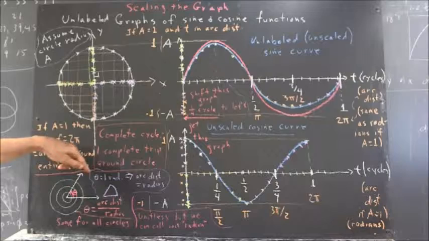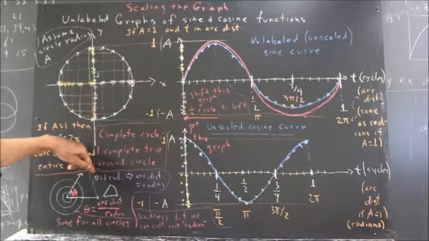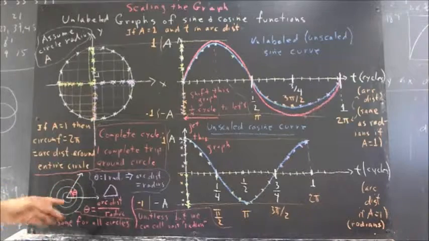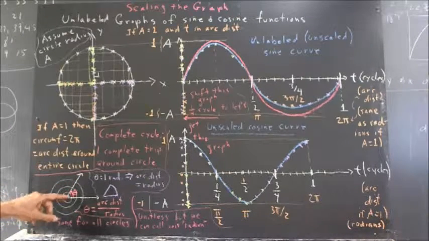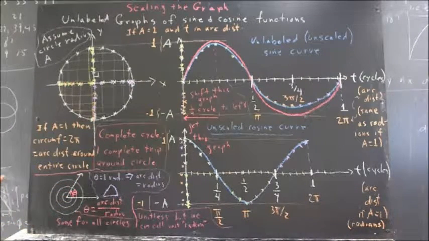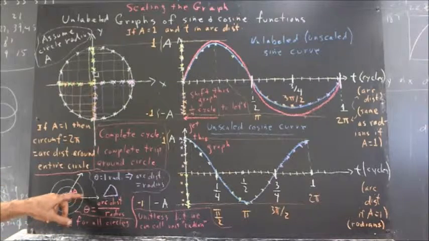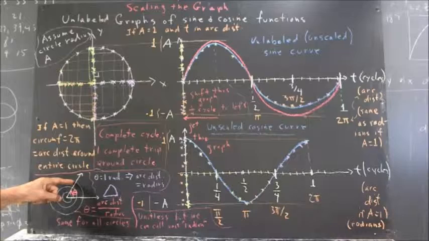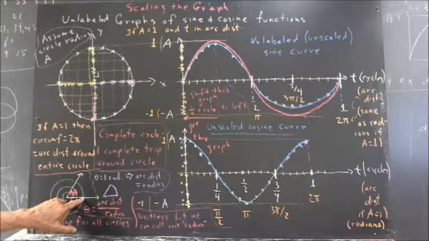Now, just for reference, what do you think the measure of this angle would be? Is it more than 1 radian or less than 1 radian? If you go around the arc from here to here, the question is whether the distance you would travel along this arc is greater or less than the radius.